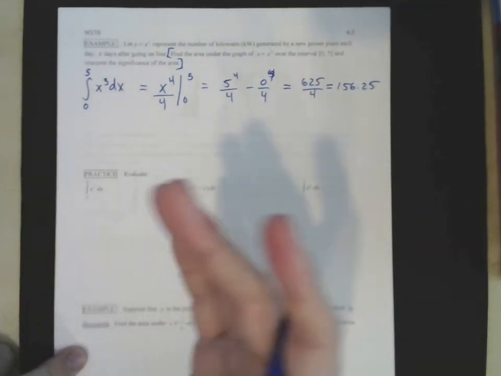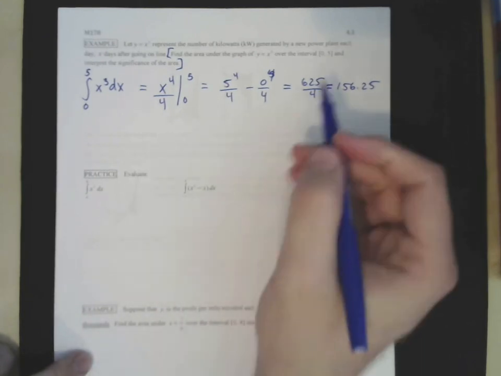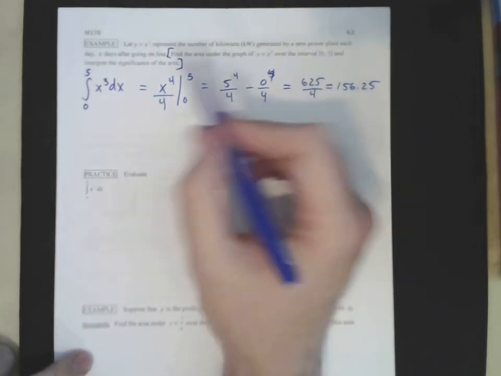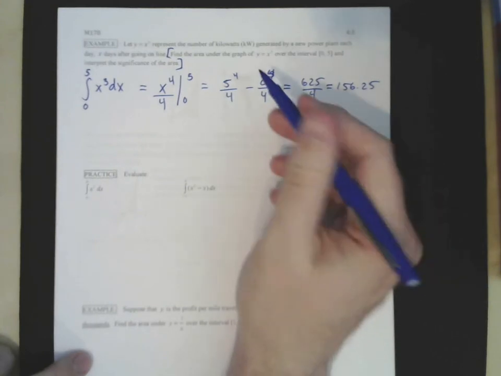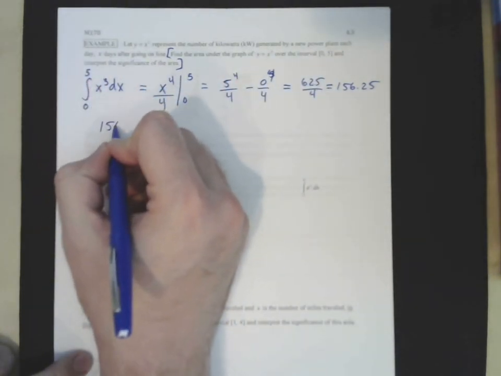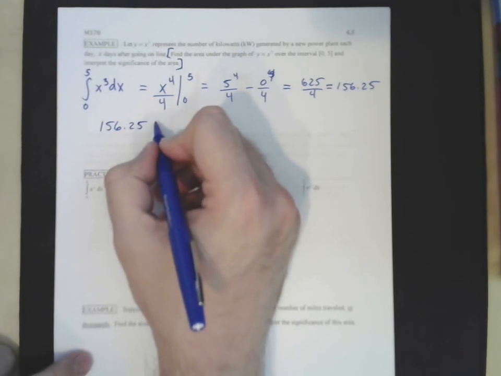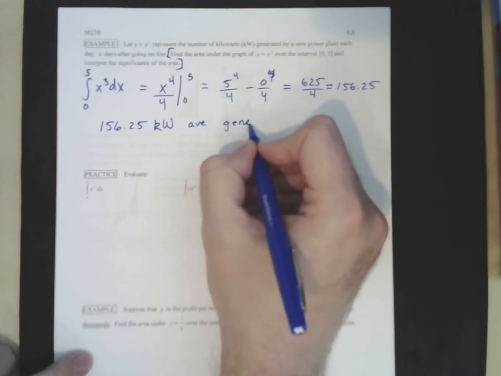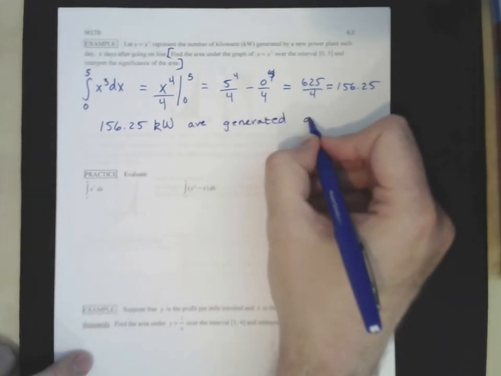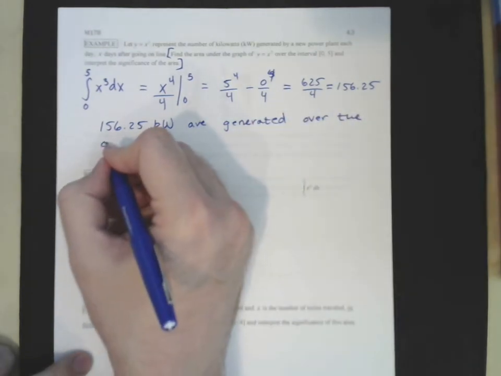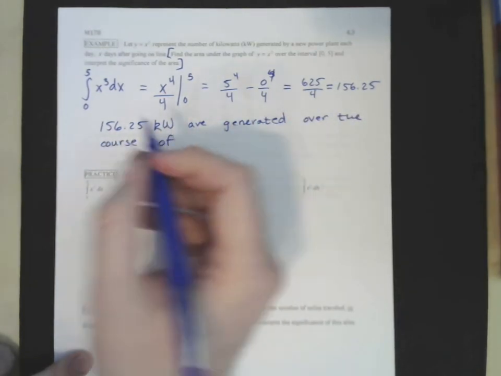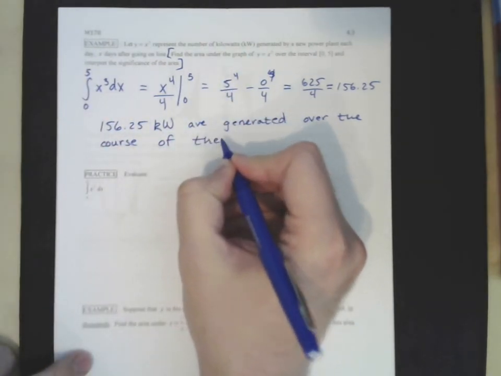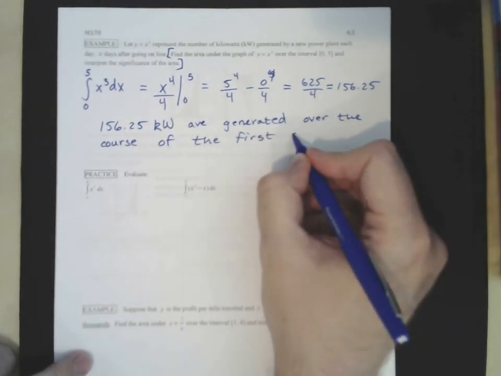So now that we have that area, we want to interpret. Since our original function y represented kilowatts generated each day, x days after going online, the area that we just found, 156.25, is kilowatts generated over the course of, so 0 would be no days, 5 would be the 5th day, so this would be of the first 5 days.